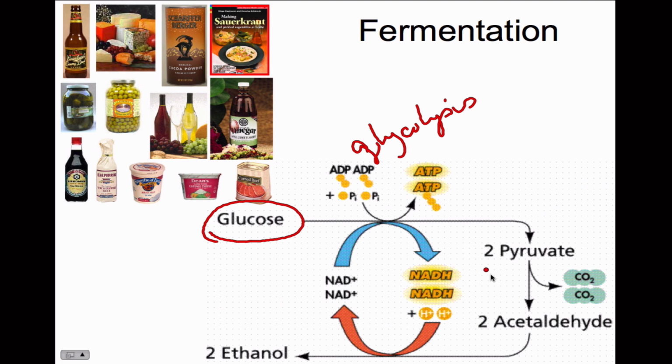And at the end of this process, we have those 2 pyruvate molecules and some carbon dioxide, but there's no oxygen present, so it can't move into the Krebs cycle, because the Krebs cycle has to have oxygen in order to perform. So because it can't go into that Krebs cycle, it's going to only produce this ethanol from those pyruvate molecules.